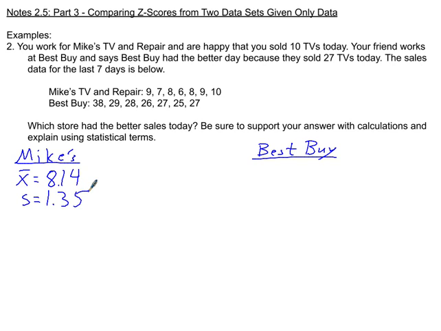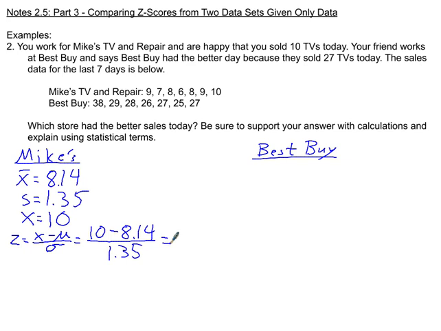I use my notation for sample mean and standard deviation because we only have 7 days worth of data. That's not every single day that both stores have been open. Our data value for Mike's TV and Repair is 10 because they sold 10 TVs today. Substituting, 10 minus 8.14 divided by 1.35 gives us a z-score of 1.38.